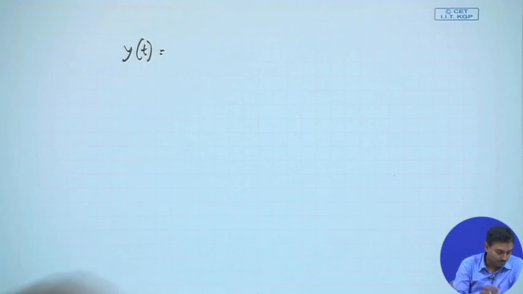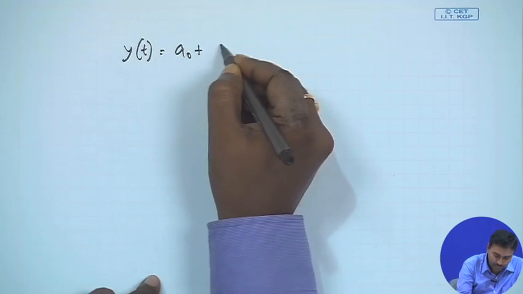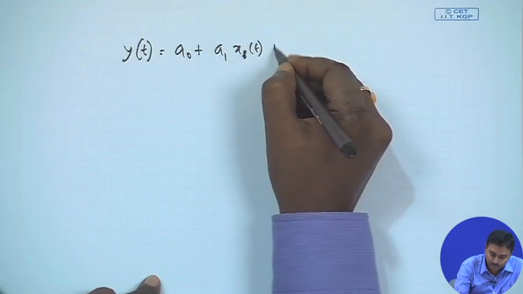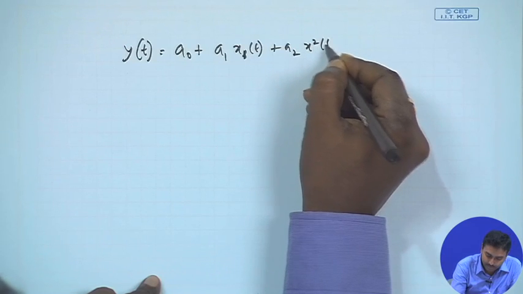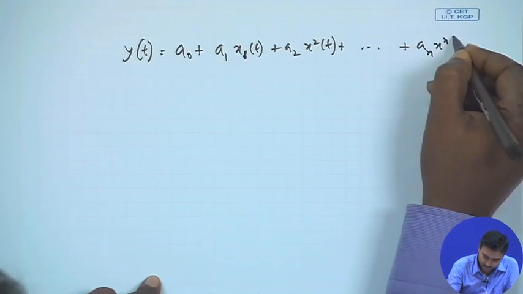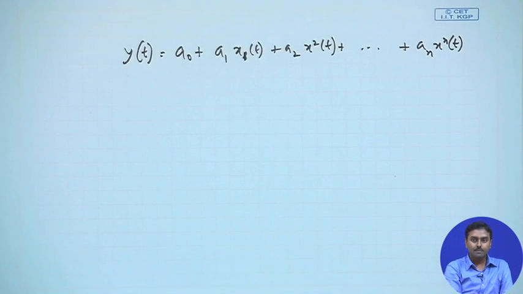Let us say we have an arbitrary nonlinearity: y(t) is a0 plus a1 x(t) plus a2 x squared(t), up to some nth order nonlinearity in the channel, where x(t) is the input.